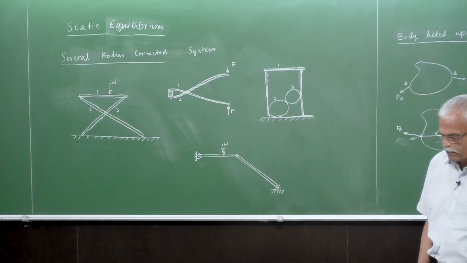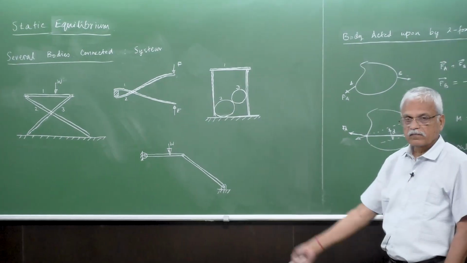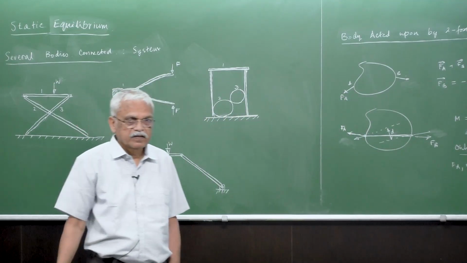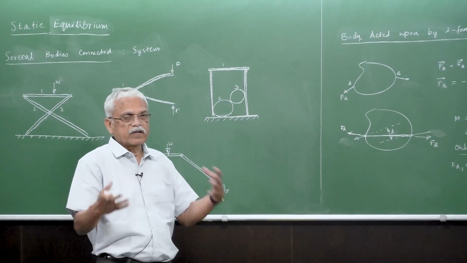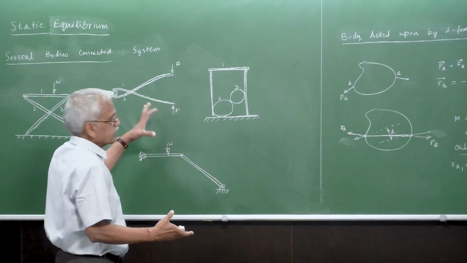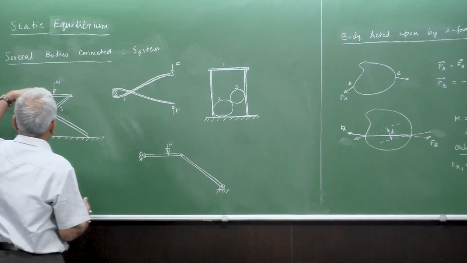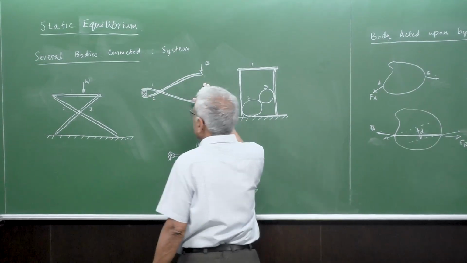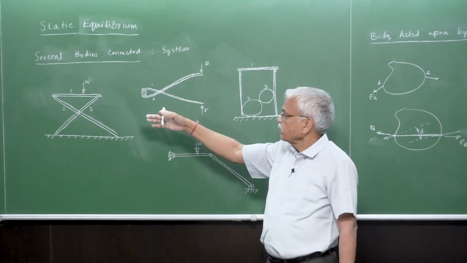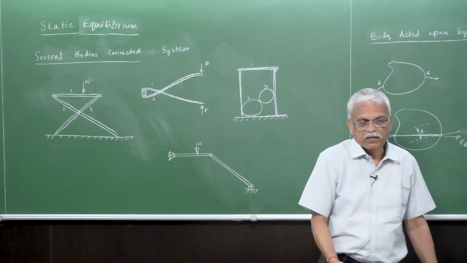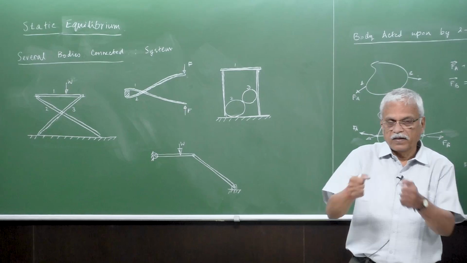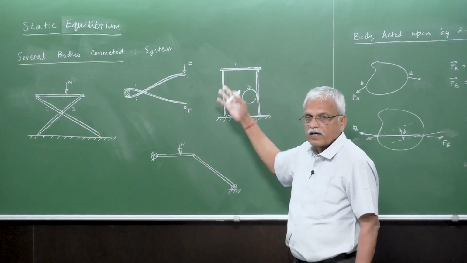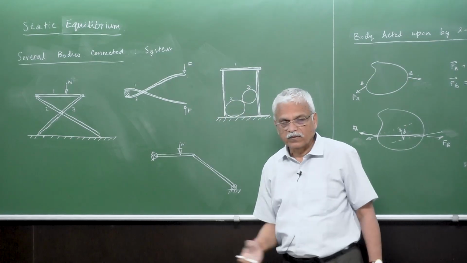Like this, we have n number of these kinds of examples where it's not just one body but several bodies put together for a certain purpose. Here this is a kind of table at a height. This is the one you want to hold for several reasons. This cylinder may be hot, or it may even be a nut which you want to crack by applying some force here, or this is just a tennis ball which you just put upside down.